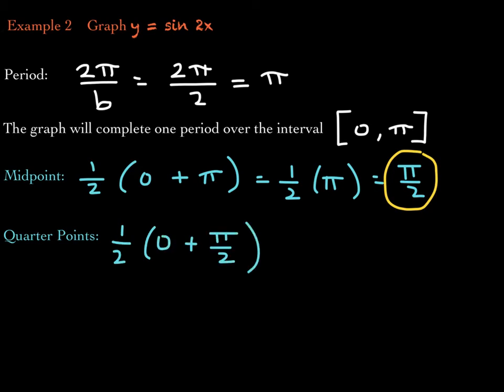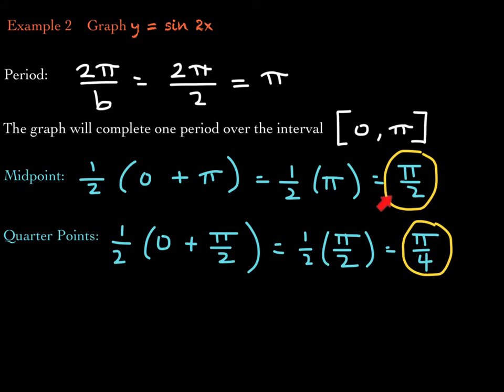This is your left endpoint, and this is your midpoint. So then it's half of pi over 2, which is pi over 4. Pi over 4 is your first quarter point. Technically, your second quarter point is already found. It's your midpoint. This is called your midpoint or your second quarter point.